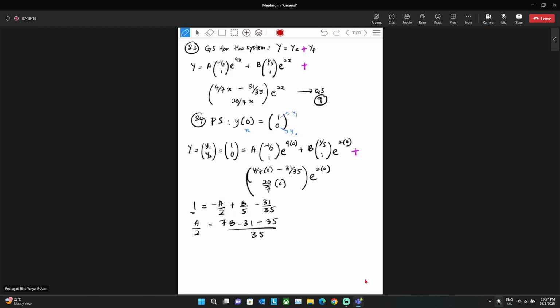So A equals 7B. Sorry, I made a mistake because I did this wrongly earlier. I stick with B over 5 minus 31 minus 35 over 35, which becomes B over 5 minus 66.